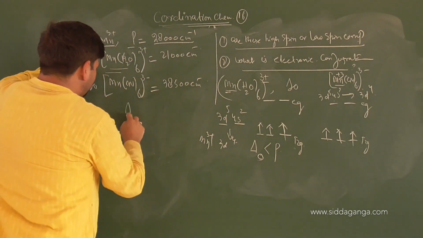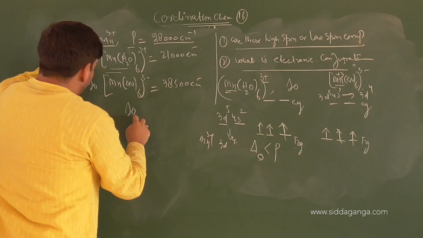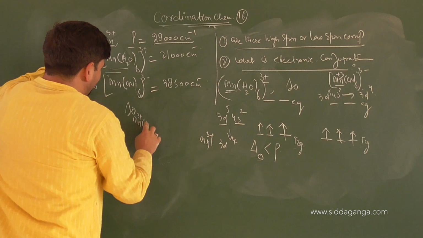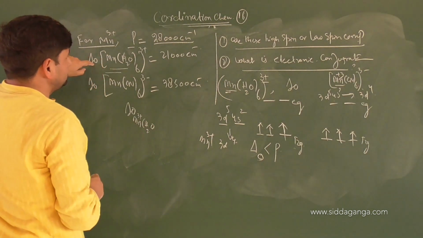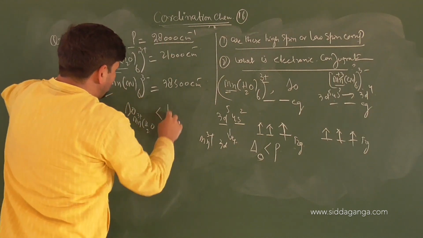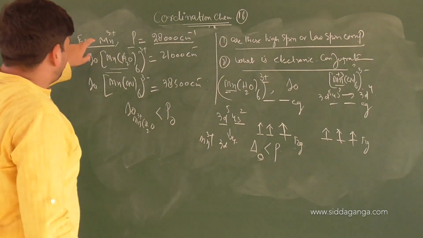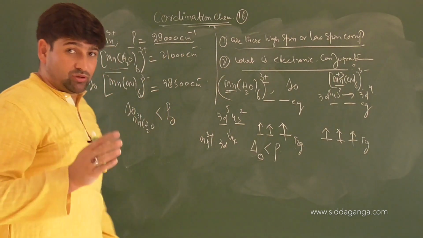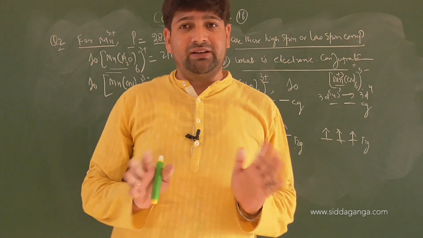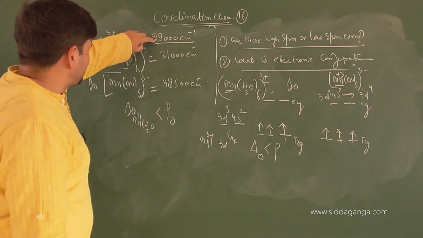So delta 0 of Mn3+ when the ligand is water is less than the pairing energy. For a particular metal atom, I have told you that the pairing energy is always constant.